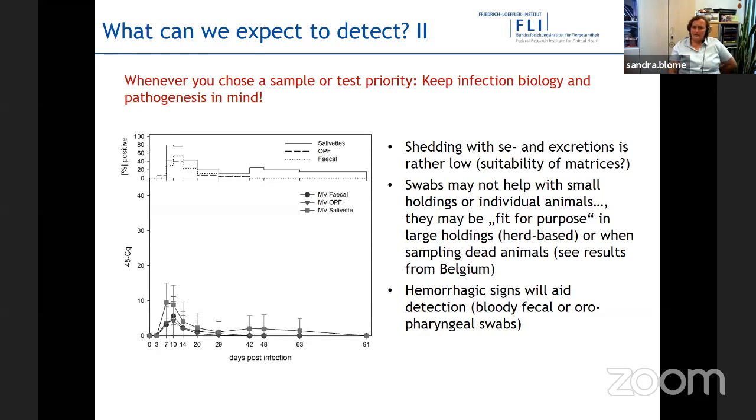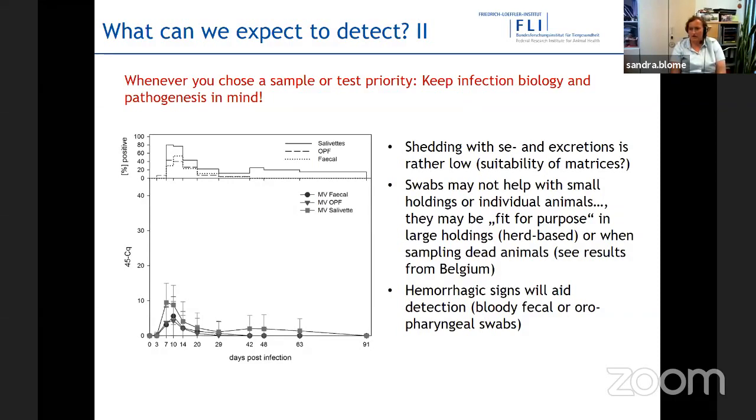Look at alternative samples. Shedding with secretions and excretions is rather low, and we have to discuss if the suitability of matrices is always the case. Swabs may not help with small holdings or individual animals because this can really give false reactions, but they may be fit for purpose in large holdings.